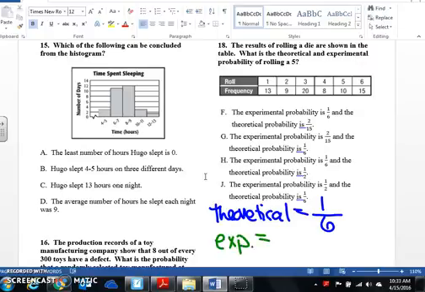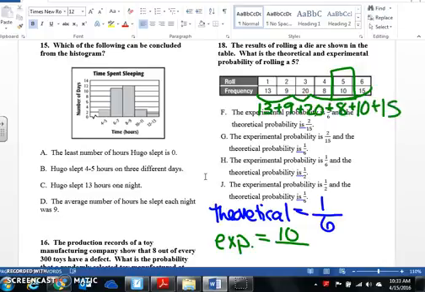So the experimental of rolling a 5, I go here. There were 10 rolls, and then I've got to calculate the total. So I'm going to add up 13 plus 9 plus 20 plus 8 plus 10 plus 15 to give me 75.